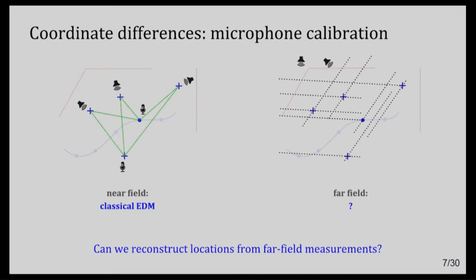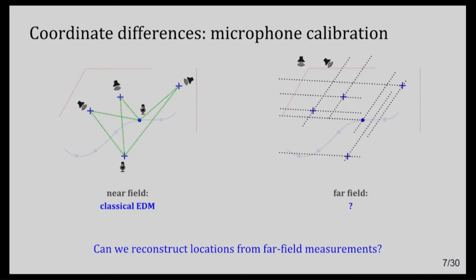And if we're in the near field, so that means that speakers and microphones are relatively close to each other, then I don't have to convince you, I think, that this is a classical EDM problem. Through some sound pulses, we can estimate the distance, and then we can do matrix completion, denoising, and reconstruct the point sets.